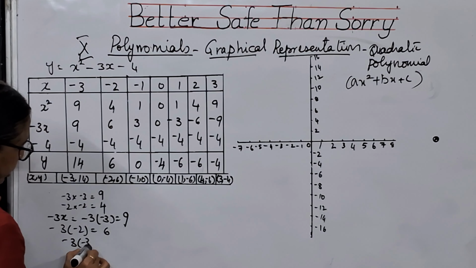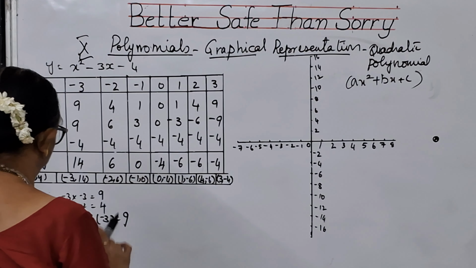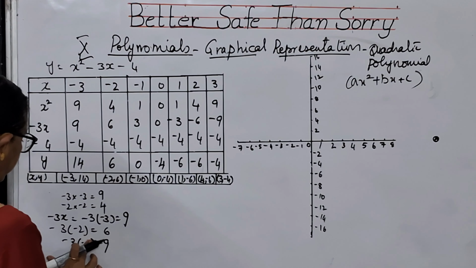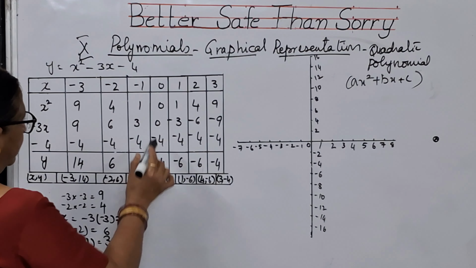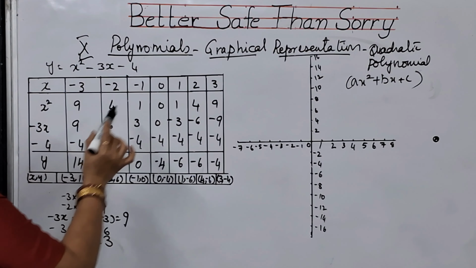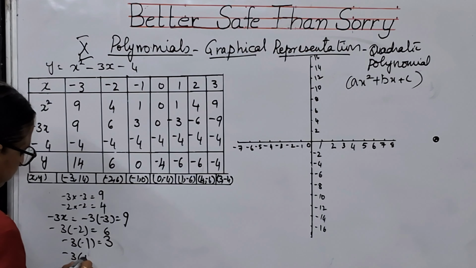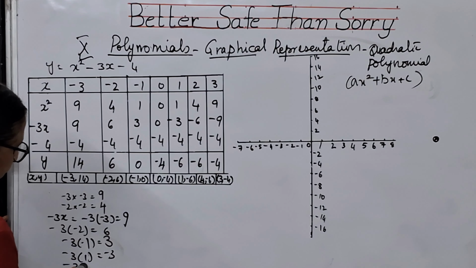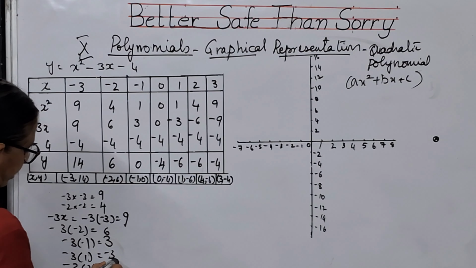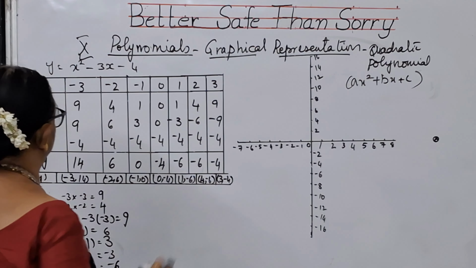Minus 3 into minus 1 is equal to 3. That I have written here. Minus 3 into 0 is 0. Minus 3 into 1 is minus 3. Minus 3 into 2 is minus 6. Minus 3 into 3 is minus 9.